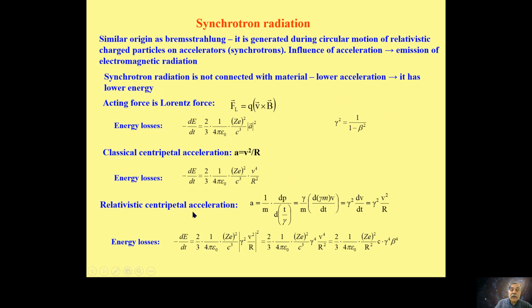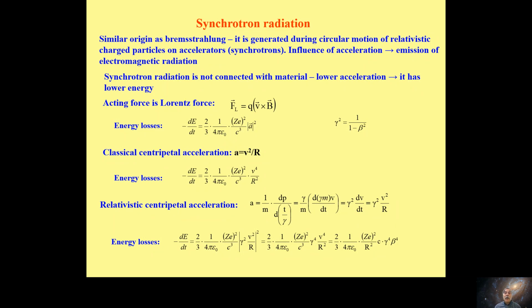If you have a relativistic centripetal acceleration, you will obtain this. And again, in the end, you will obtain v to the 4th, but here there will be gamma to the 4th. These energy losses are given by gamma 4 and beta 4, and in this case it is increasing very quickly with the velocity of the particle.